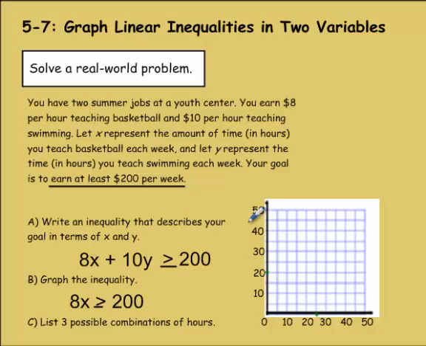And now that I have my intercepts, I can graph that line. Since it's greater than or equal to, I can do a solid line and match those points up. So then all of these answers would be a solution. All of these would give me a solution greater than $200 if I teach these various combinations.